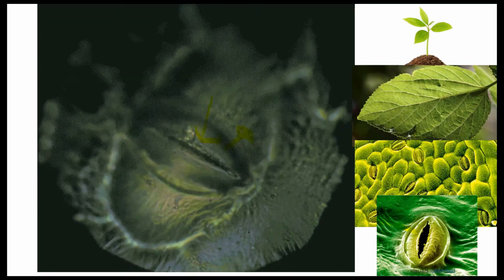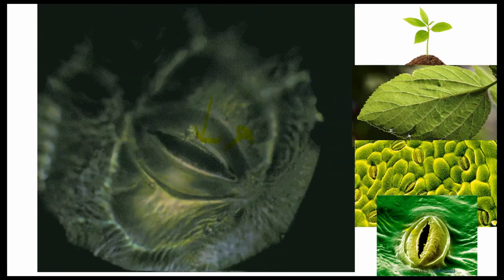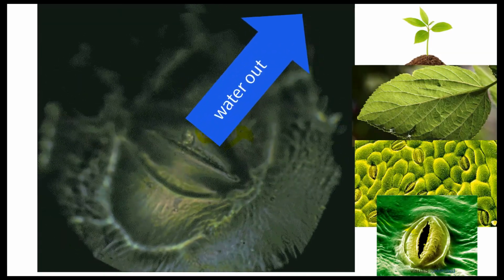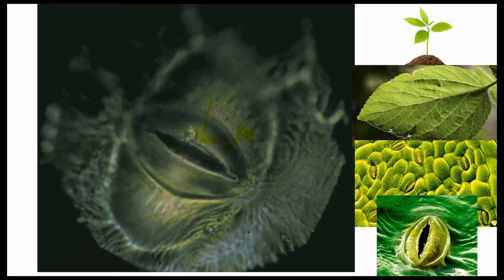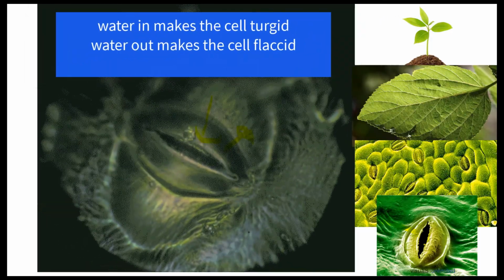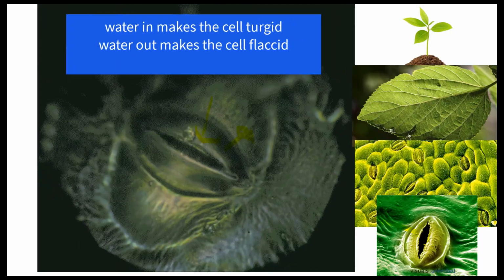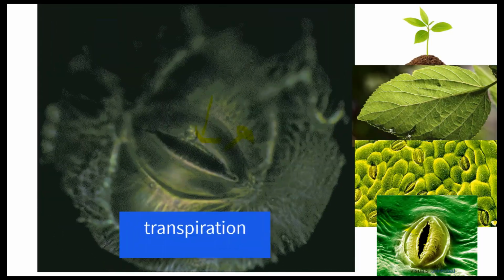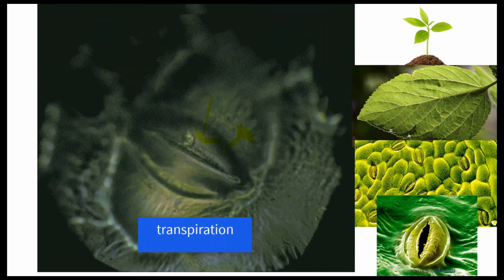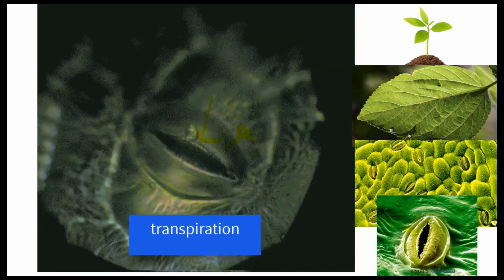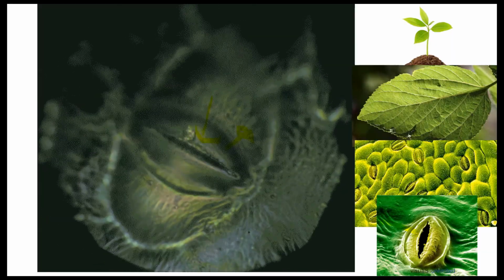So it's open now because the cells are full of water. When the stoma is closed, it's because water leaves the cell and the cell becomes flaccid, thereby closing the stoma. You'll see this when you study the topic of transpiration. Transpiration is where water leaves the leaves through these stomata, and the plant needs to be able to control the water loss.